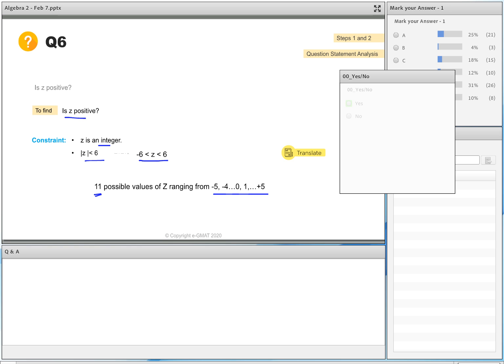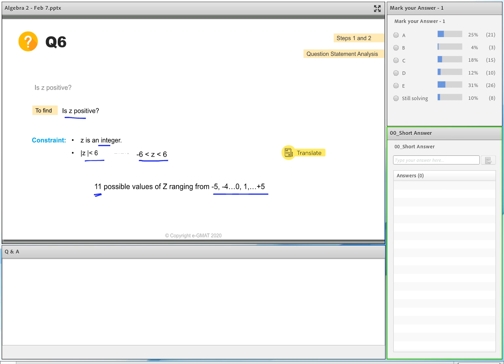This is something you have to keep in mind for the next set of DS questions that you solve. So I have 11 possible values of z ranging from -5 to +5.